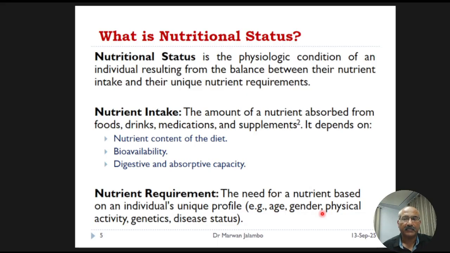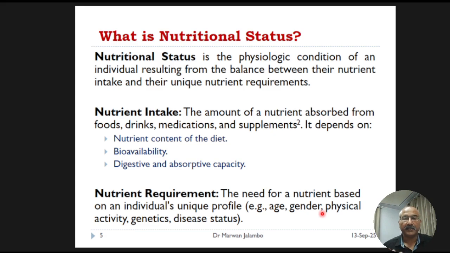What exactly are we trying to determine when we do an assessment? We're trying to understand the client's nutritional status.